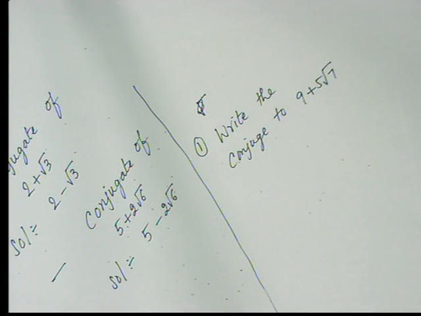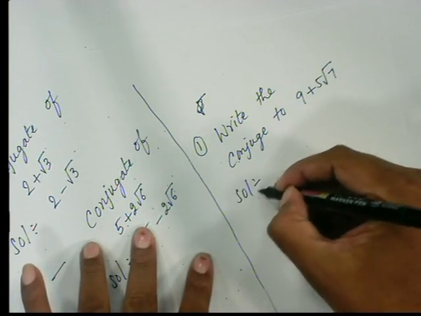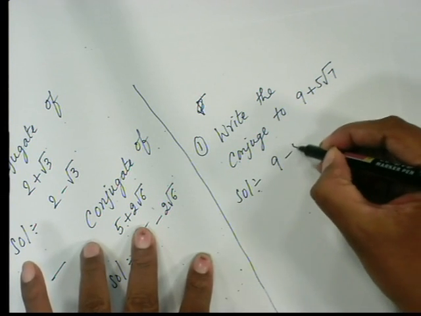What is the conjugate surd for 9 plus 5 root 7? In the examination, options may be given, they won't change any options. One of the options may be 9 minus 5 root 7 only. So it is obvious that the answer is 9 minus 5 root 7.